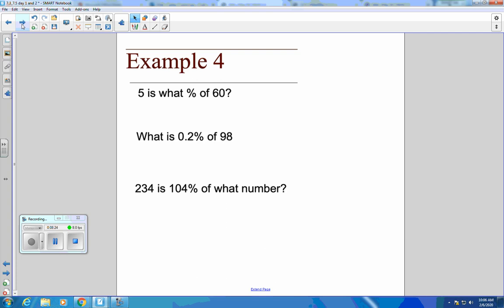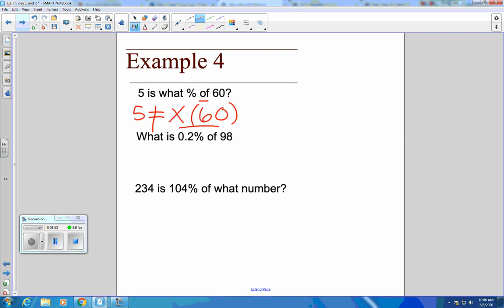Okay, example number 4. 5 is what percent of 60? We can use either of our equations, but I'm just going to use percent equations for these. So we have 5 is our part. So 5 equals what percent? Percent is our x. Of is multiplication, 60. So 5 equals x times 60.